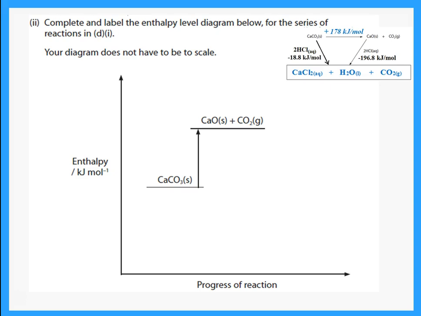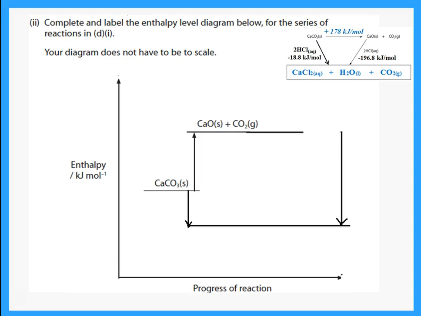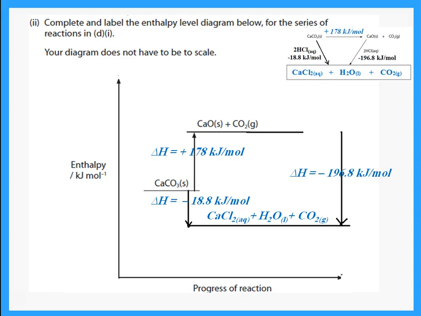Or the others are negative numbers, so I need to have arrows going down, either directly from calcium carbonate to calcium chloride plus CO2, or from calcium oxide to calcium chloride plus water, and then fill in the delta H's for each one. Okay, so this is the final energy level diagram that we have.